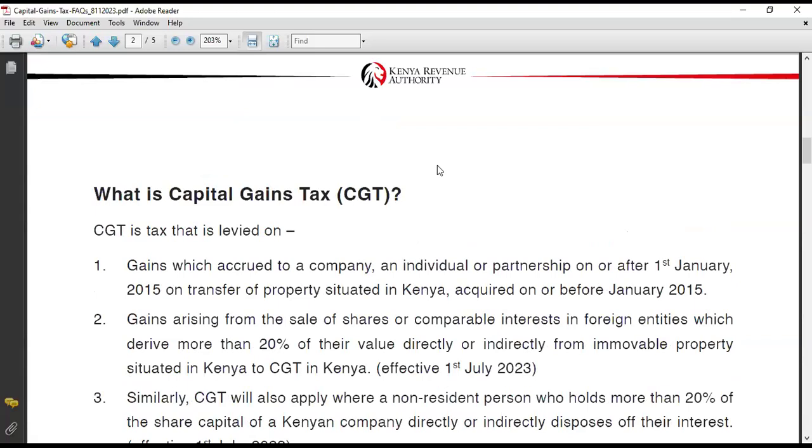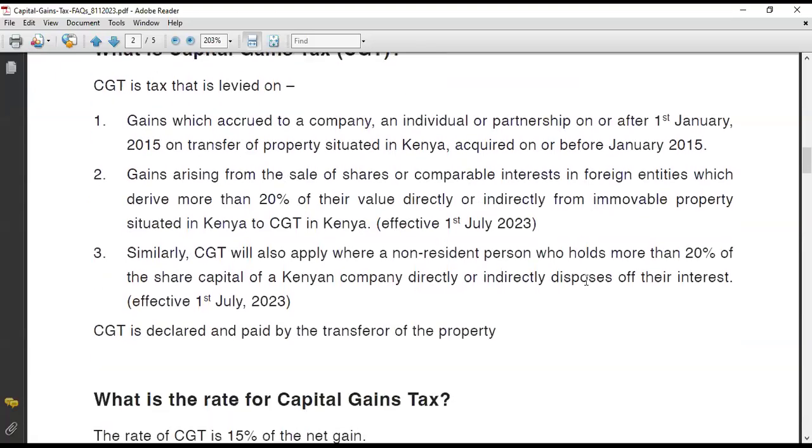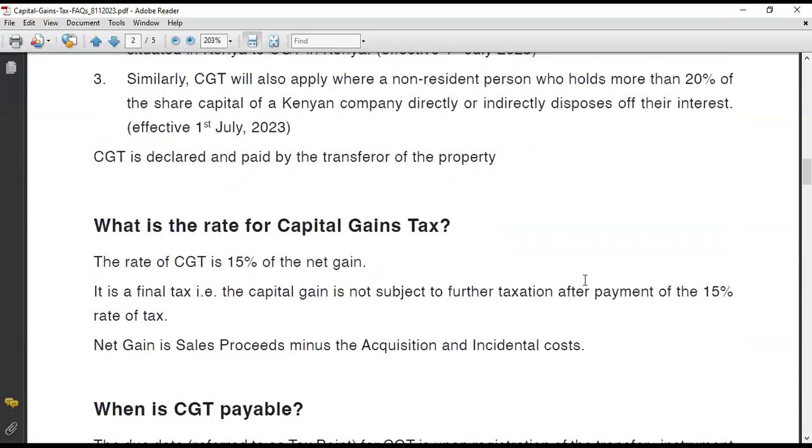You can get it at their website. Capital gain tax is tax on gains which accrue to a company, individual, or partnership on or after 1st January 2015 on transfer of property. You start by saying that the rate of CGT is 15% of the net gain.